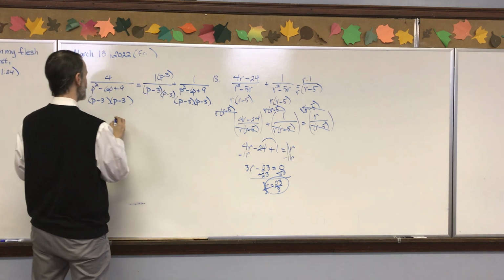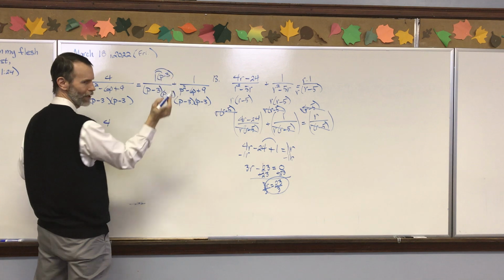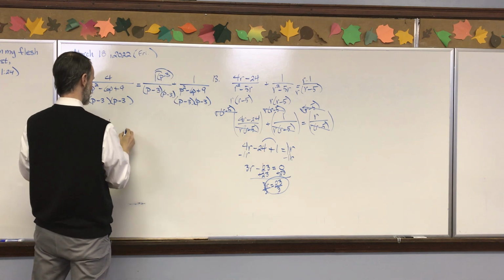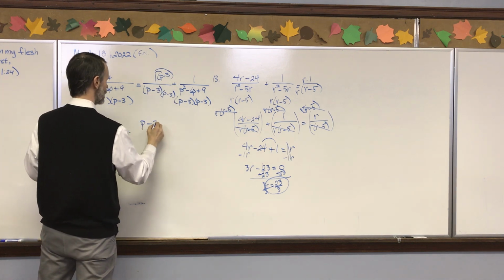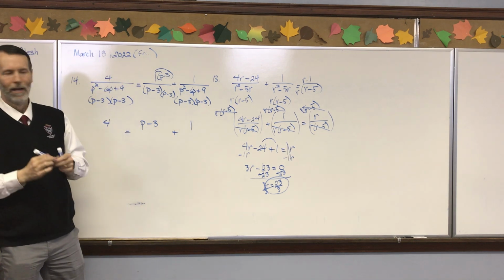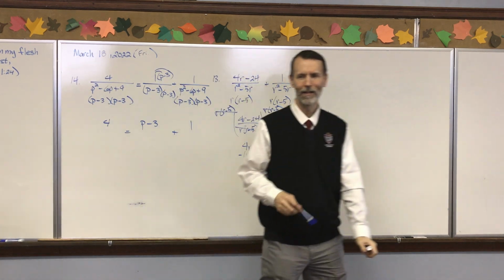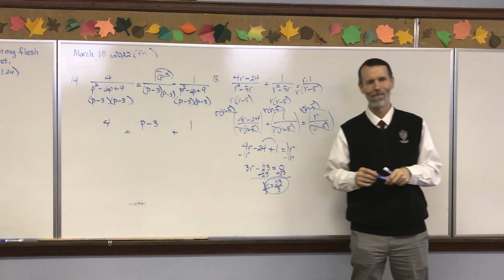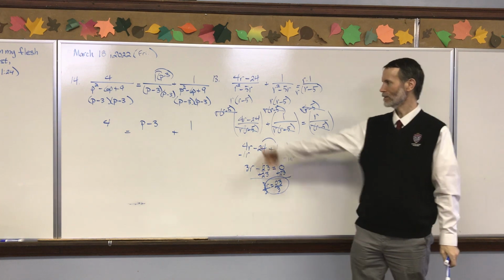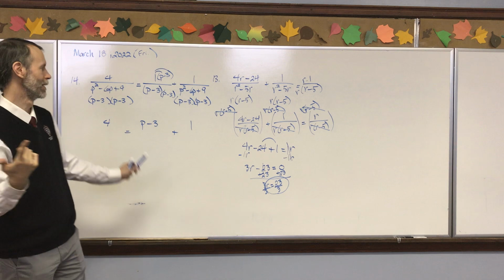The top is going to look like a 4, and then can you distribute this for me while you're at it? P minus 3, and then plus 1. You notice we have common denominator, common denominator, common denominator. Guess what we can do with it now? You could machine gun it. Boom, boom, boom. Okay, that was a pistol, but you get the idea.